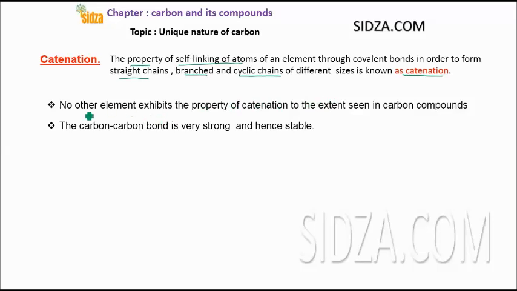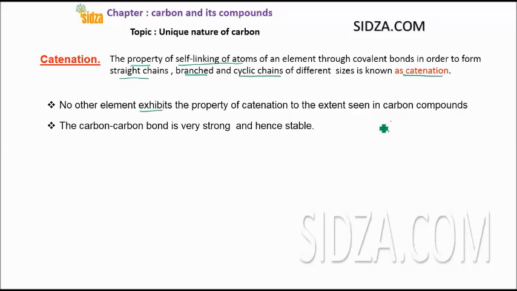No other element exhibits the property of catenation to the extent that is seen in carbon compounds. The property of catenation is shown by other elements also, like silicon; different silicon atoms also link together and form long chain molecules.